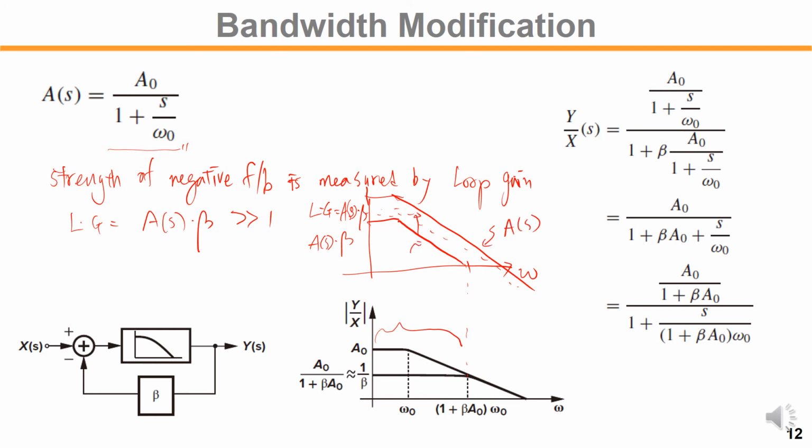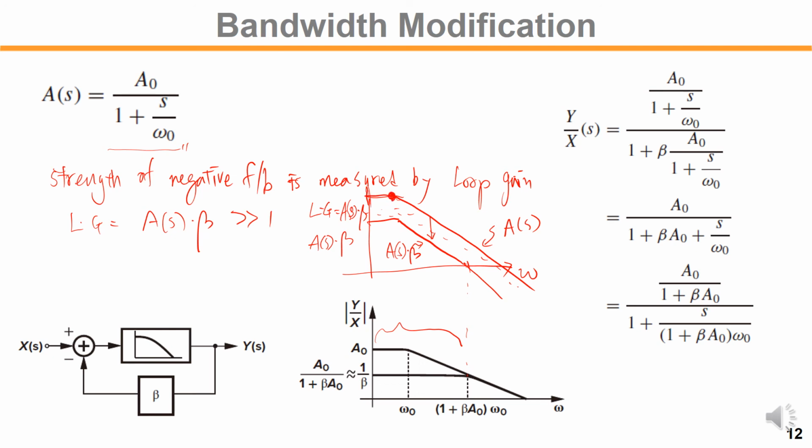Originally, that one was A(s), and the lower graph will be A(s) times beta.